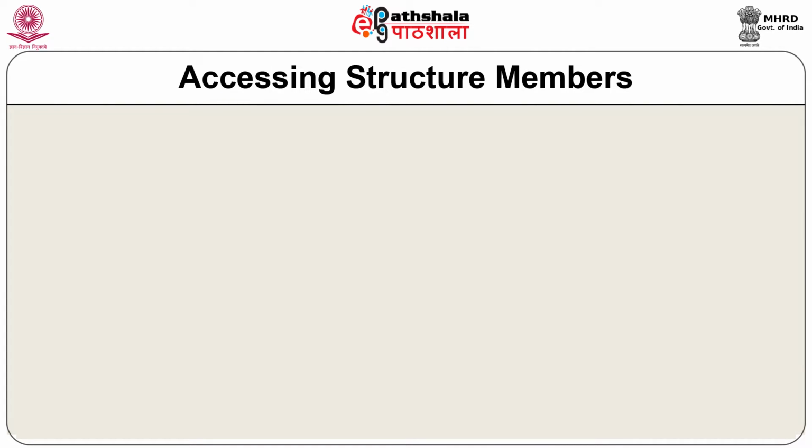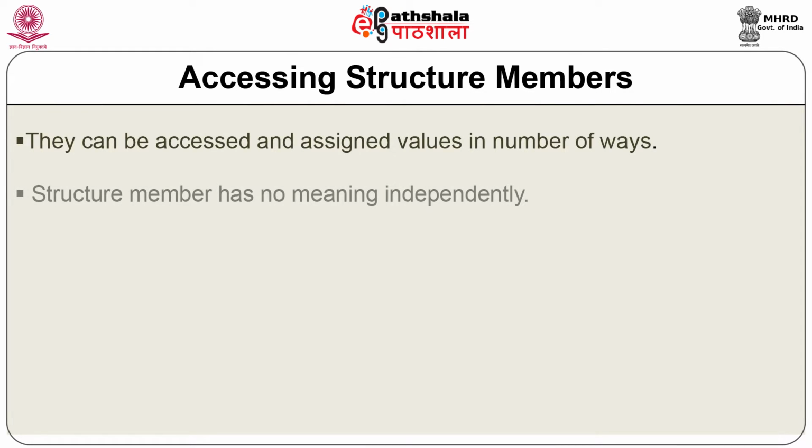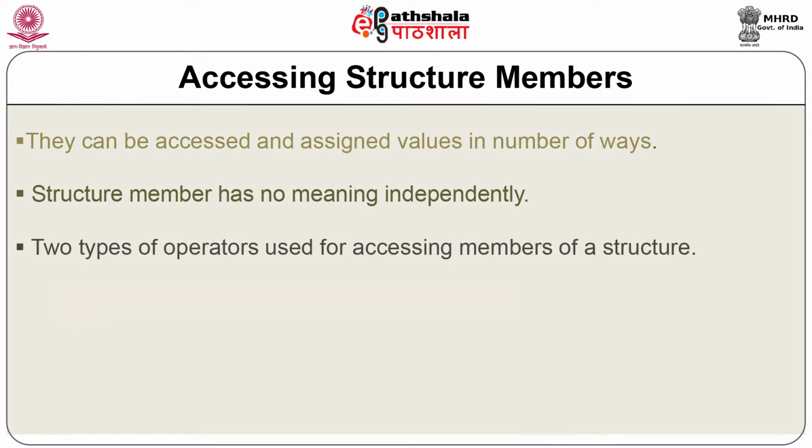Accessing structure members, or structure elements or fields. Structure members can be accessed or assigned values in a number of ways. A structure member has no meaning independently. There are two types of operators used for accessing members of structures.